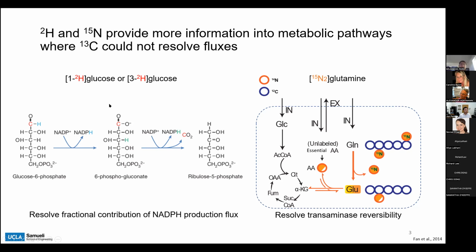By utilizing these tracers, we can resolve the fractional contribution of NADPH production flux, in this case from the oxidative pentose phosphate pathway. For the 15N2 glutamine tracer, we think this tracer will be able to resolve the transaminase reaction reversibility because of the fractionally labeled glutamate measurement and the 15N labeling pattern of essential amino acids.